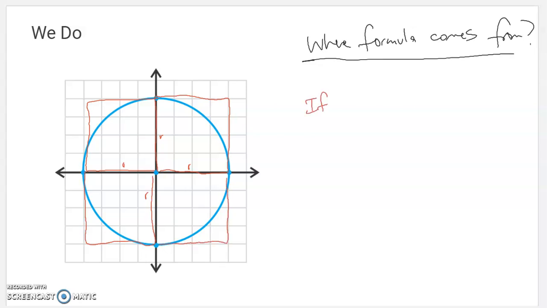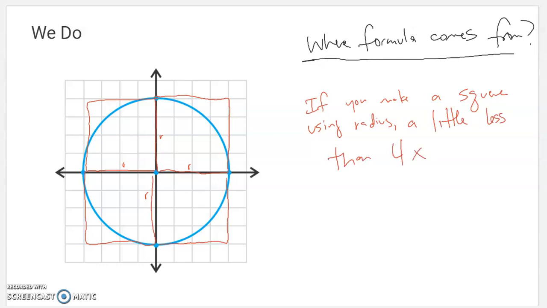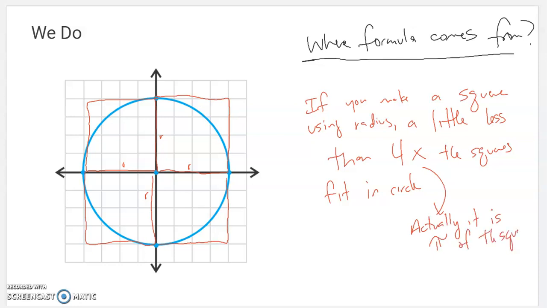So I would say that, if you make a square using the radius, a little less than 4 times the squares fit in the circle. And actually, it is pi of the square. That's how it works. That's what I want you to write down.